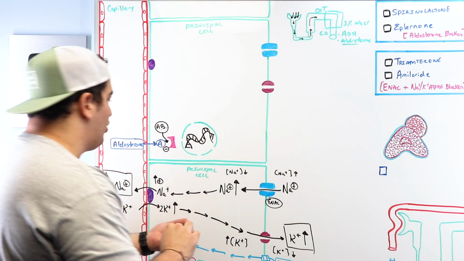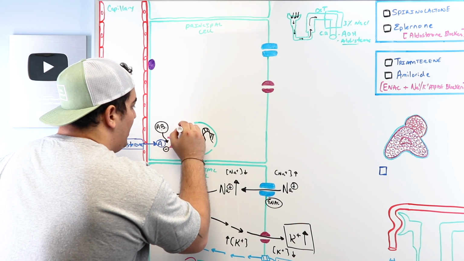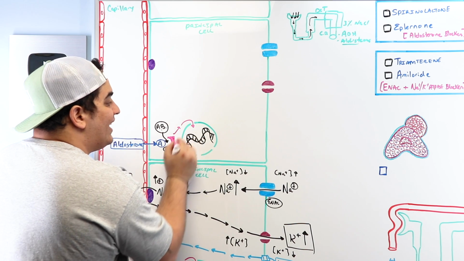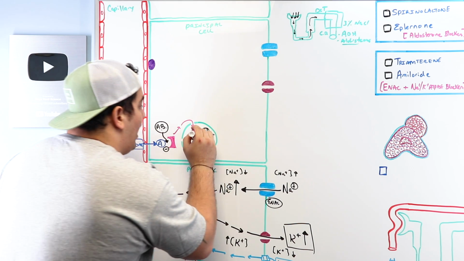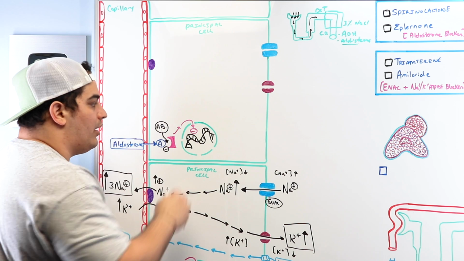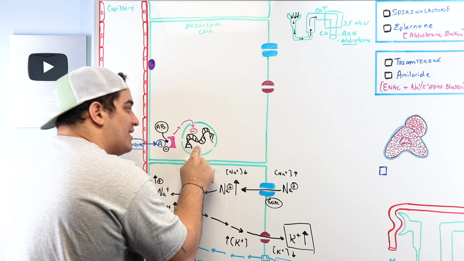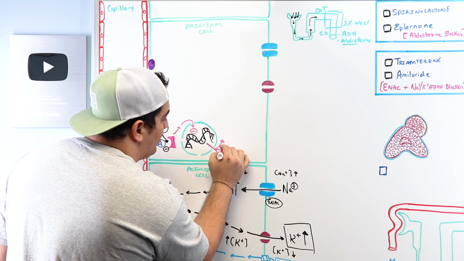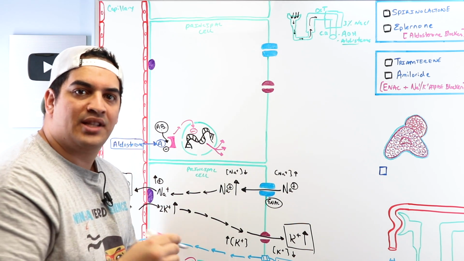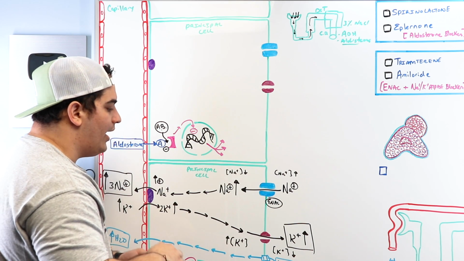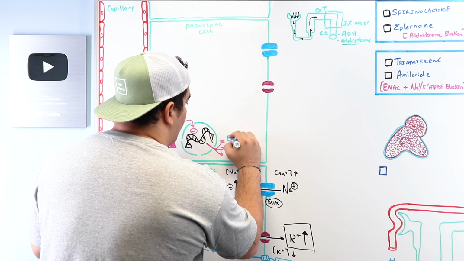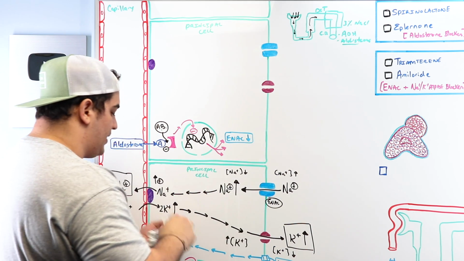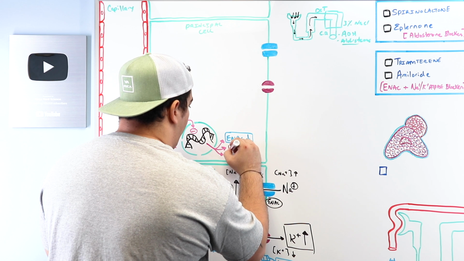If it can't attach to the receptor, what that means is that less of that aldosterone intracellular receptor complex gets into the nucleus. That means that there is less stimulation of particular gene sequence or sequences, and because of that, there is decreased synthesis of particular transporters. What kind of transporters, you ask? There's decreased synthesis of ENaCs. There is a decreased synthesis of potassium channels.